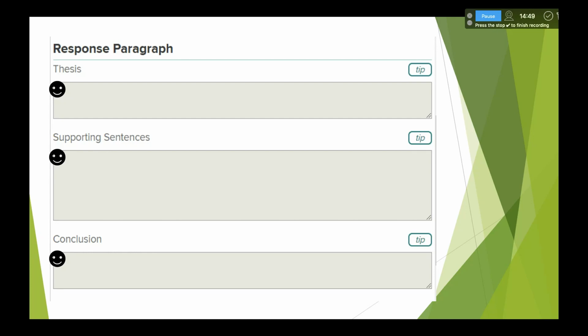Which is another thing I want to say about this response paragraph in Unit 2. They're labeling this box as thesis, but really it's a topic sentence. I'm trying to think of the best way to phrase this, but I'm not a huge fan of NROC in the earlier units. I don't really like how they label some of the boxes, because to me this is confusing.